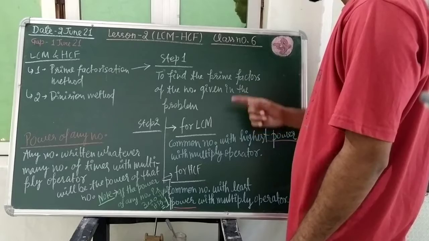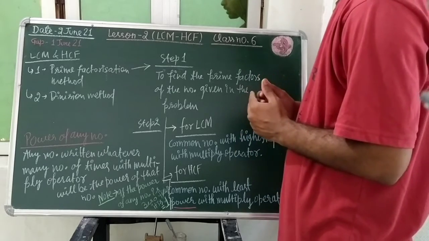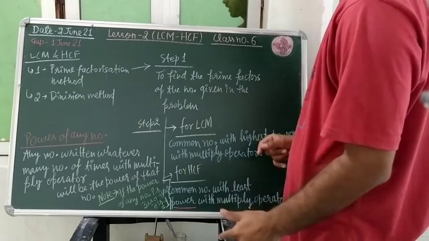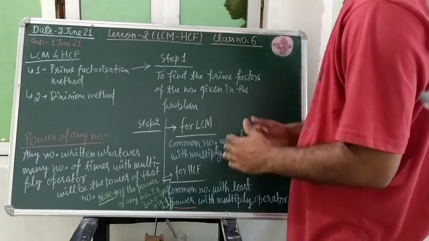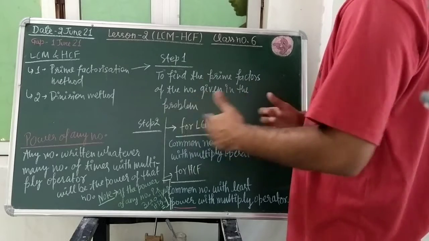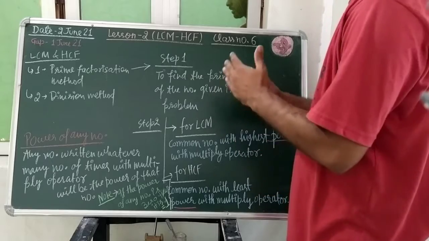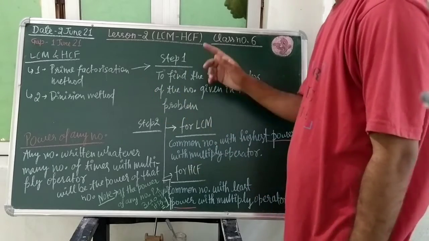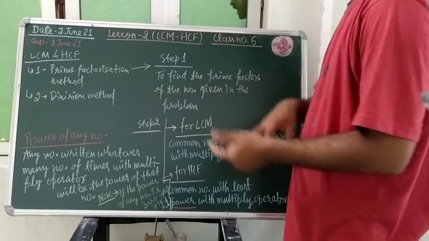In the prime factorization method, we find the prime factors individually, meaning separately we select the numbers and separately find the prime factors of each number and write them.